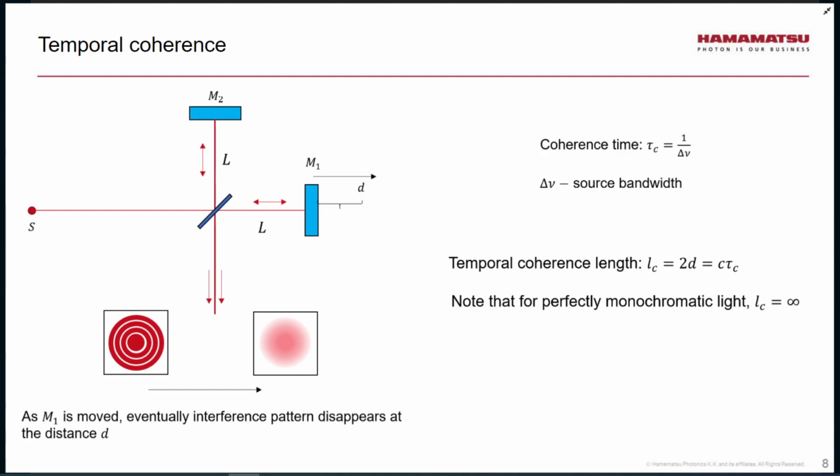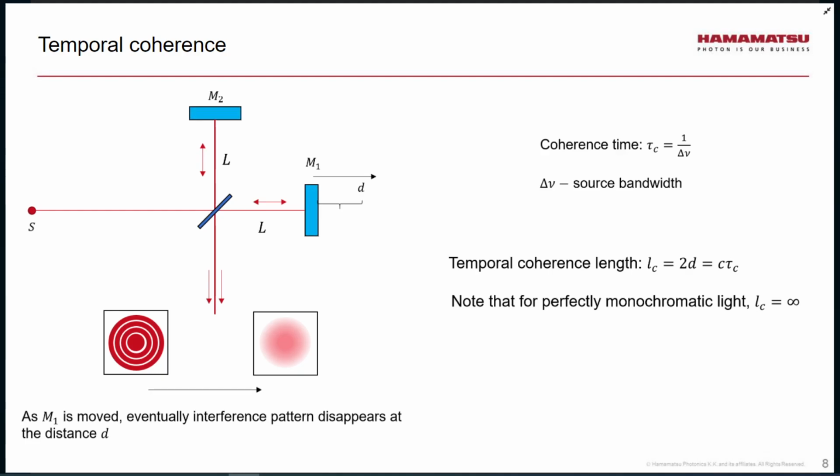I can send the light towards the classic Michelson-Morley interferometer with 2 mirrors initially at equal distance from the beam splitter. At the lowest point here, I observe interference pattern as a function of distance by which mirror M1 is moved. If there is a temporal coherence, then the interference pattern is going to change, alter.